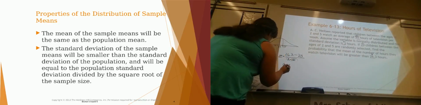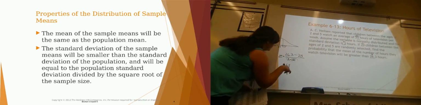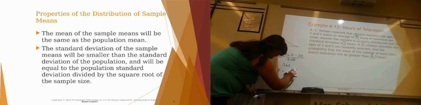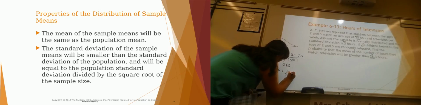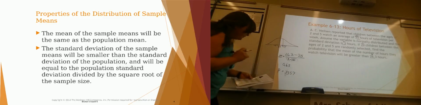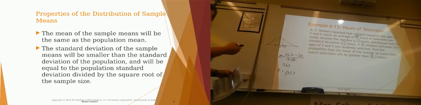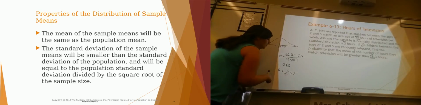So my probability of whatever happening is 0.7357. Does that mean that probability is less than 1%? No, this is going to be about 73.5%.